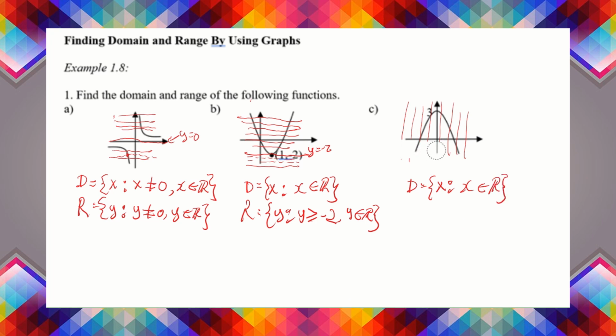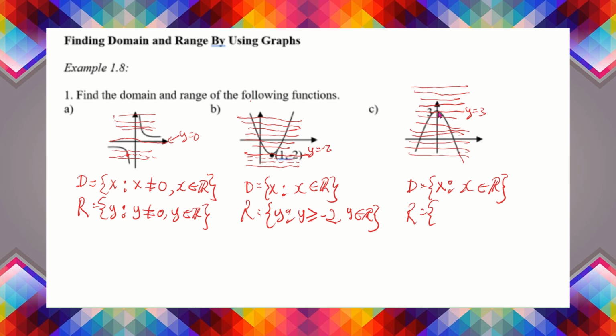Now as for range, same thing. You can imagine you draw a horizontal straight line, any horizontal straight line. If the horizontal straight line intersects with the curve, yes, that is part of the range. But when you come to y equals 3, it still intersects with the curve, but when you continue going up, the horizontal straight line will not intersect with any part of the curve, so this part is not the range.